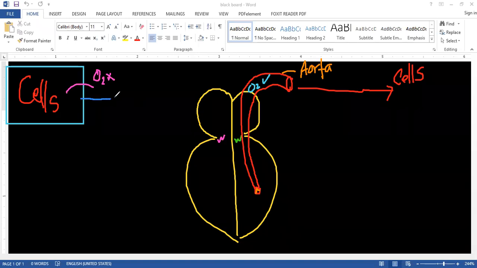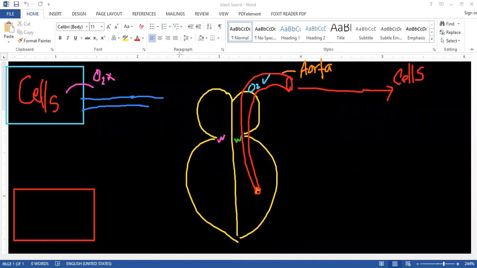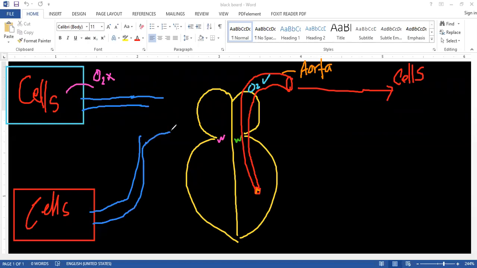It will start from here, then come to the vena cavas. If it is coming from the lower part of the body cells, simply I can say this tube is the inferior vena cava and this is the superior vena cava.